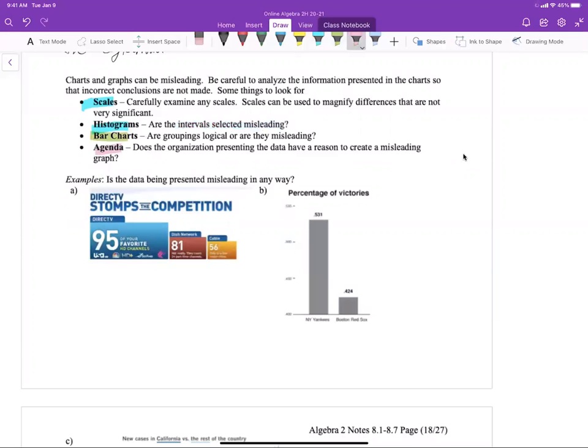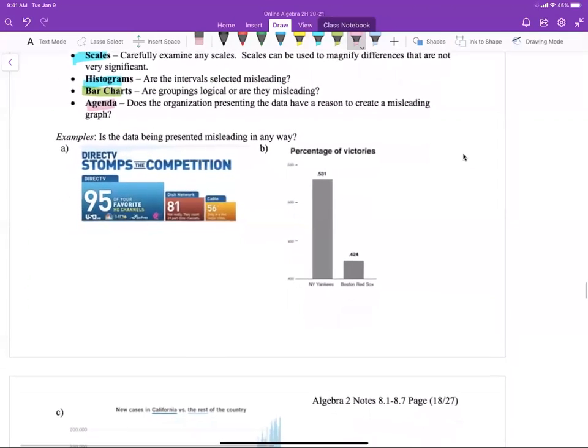So for example, let's look at one. Is the data being presented misleading in any way? Here's A, a situation that claims DirecTV stops the competition: 95% of your favorite HD channels as opposed to Dish at 81 and cable at 56.